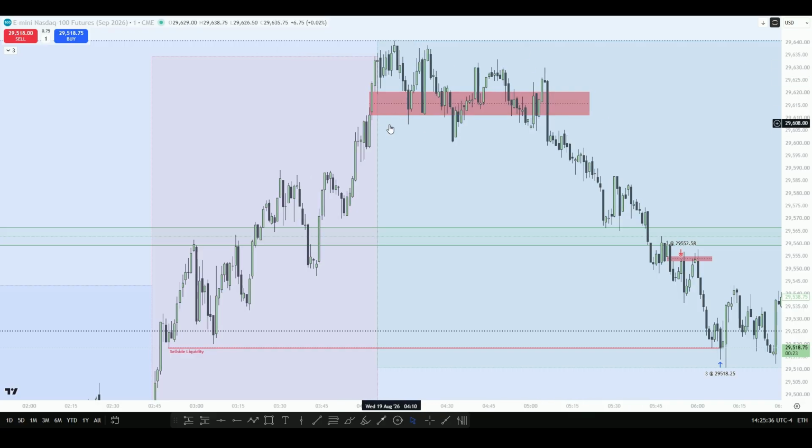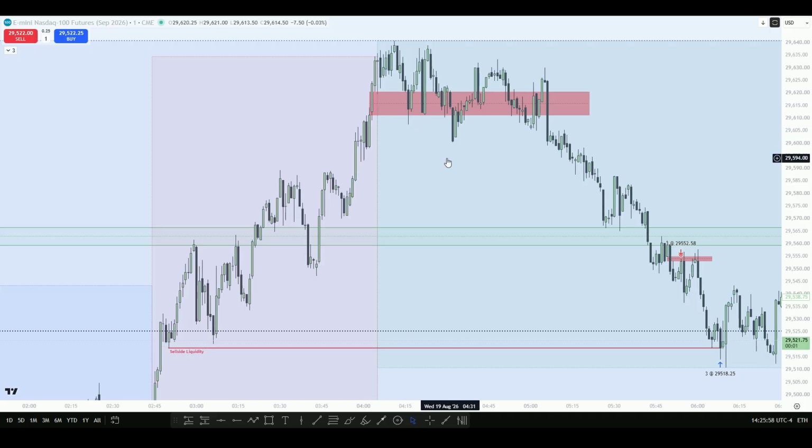But this is basically the same idea. We have a low here, another low here. So can you spot the CBs that correspond, like the ones I showed, in order to confirm that this is a valid market structure shift?